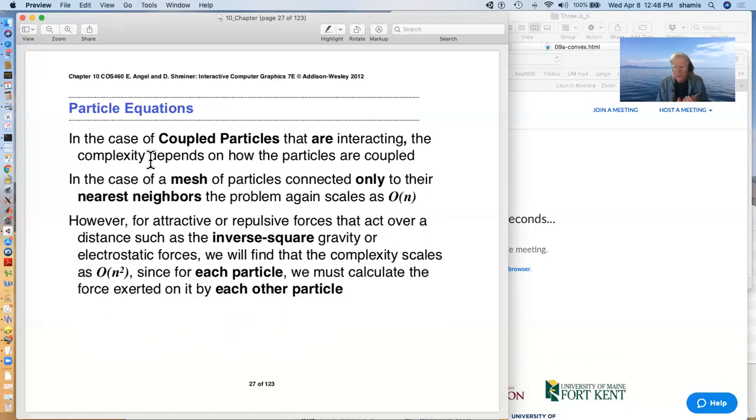But if we get into the attractive or repulsive forces, such as the inverse square gravity or electrostatic forces, then the complexity scales as order n squared, since for each particle, we have to calculate the force exerted on it by each other particle. So we have to go through each particle, go through all the others to calculate the force on it. And so it's an order n squared. That's the so-called n-body problem.